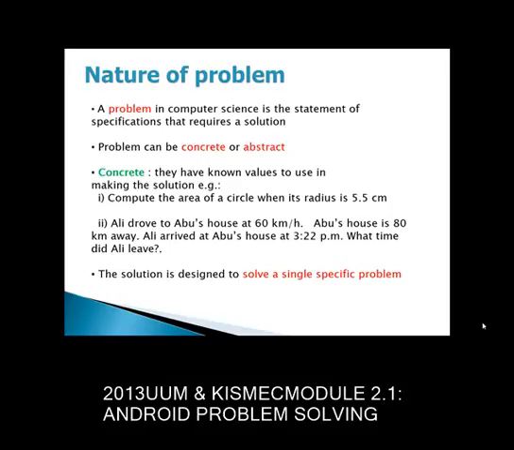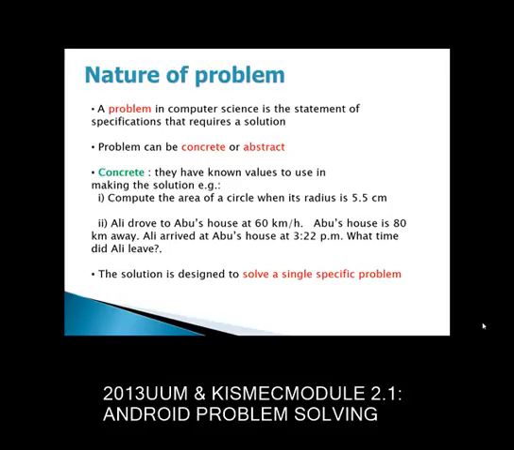Any problem will require a translation into statements, into instructions, so that those instructions can be turned into a solution. There are basically two types of problem. We can divide them into either a concrete problem or an abstract problem.